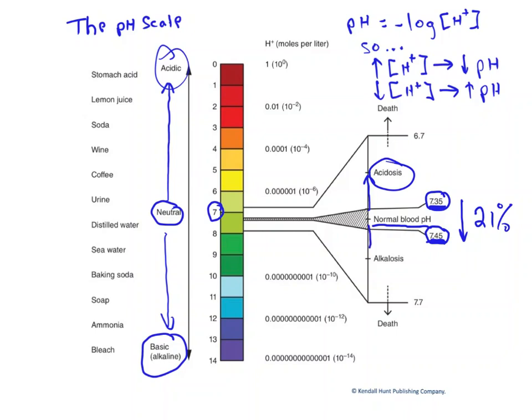If the pH climbs significantly above 7.45, the patient has alkalosis. You may think, okay, well, how far can we stray below and above those pHs and still be compatible with life? If pH drops below 6.7, or if it climbs above 7.7, most likely the outcome is going to be fatal.